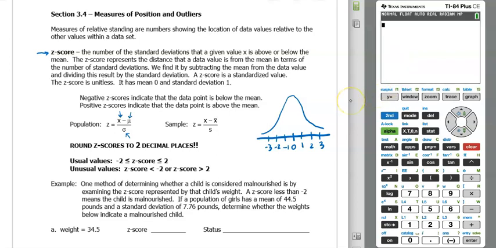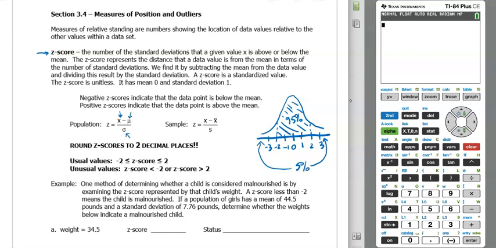And going back to this idea of the empirical rule, remember that within 2 standard deviations of the mean, that's 95% of the data. And so outside of 2 standard deviations, or in other words, if a data value is more than 2 standard deviations from the mean, then we're going to be in these tails over here. And since the bulk in the middle makes up 95%, these tails are the remaining 5%.